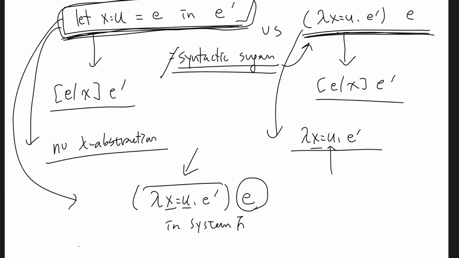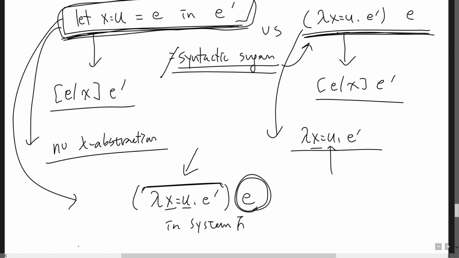You have to apply this polymorphic lambda abstraction immediately to an argument. That's the only permitted use of this polymorphic lambda abstraction. So we can think of this let binding as some restricted use of polymorphic lambda abstraction applied to an argument.